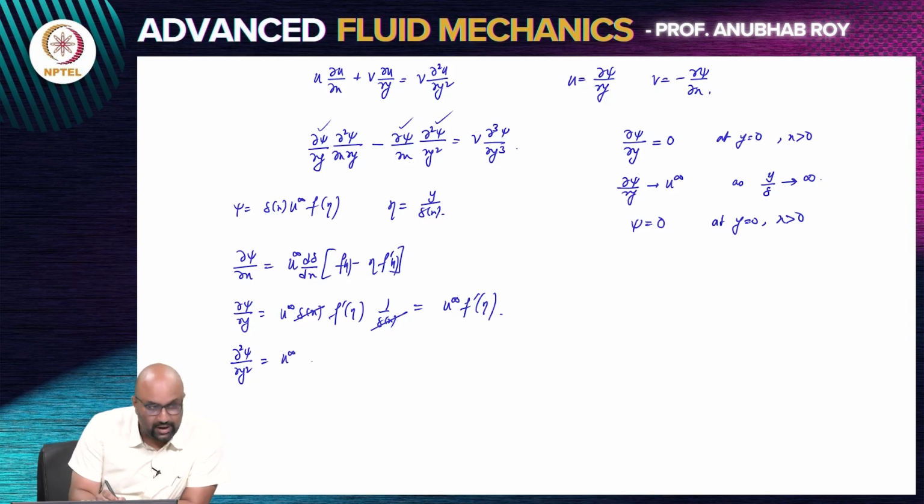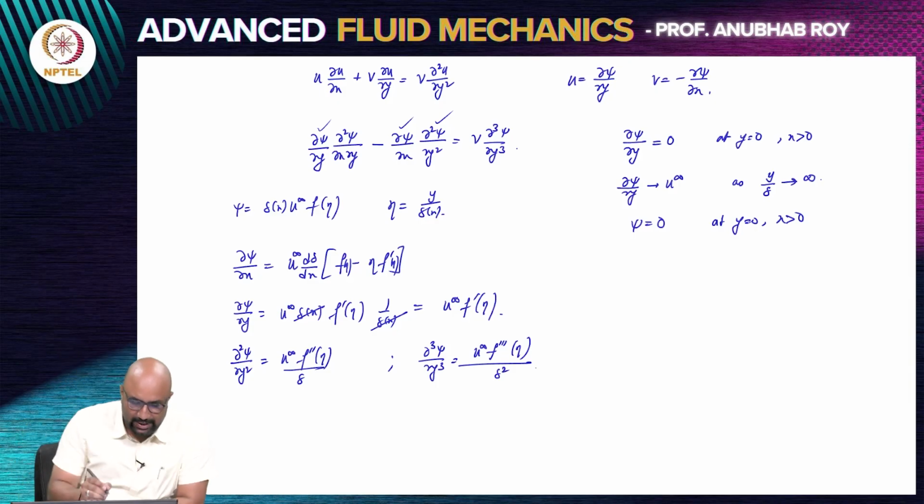So it will be u infinity f double dash of eta, then d eta dy, which is 1 by delta. And we have dou cube psi dou y cube, which would continue in the same manner, and you are going to get dou square here.